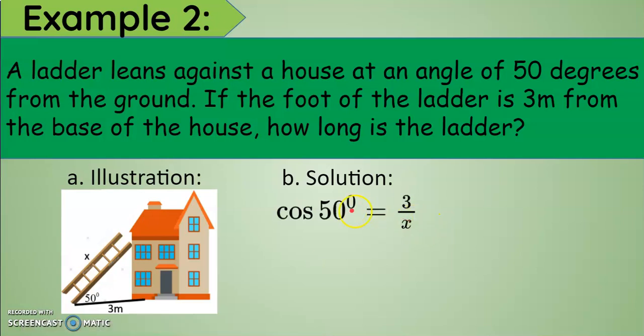Again, do a cross multiplication. Now, at this point, the variable is in the denominator. So the easiest way is that if the variable is in the denominator, the operation involved is automatically division. So we have now x is equal to 3 over cosine 50 degrees. Again, using your calculator, we come up with 4.67.